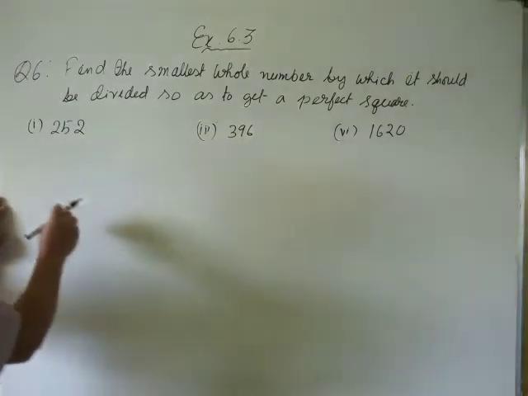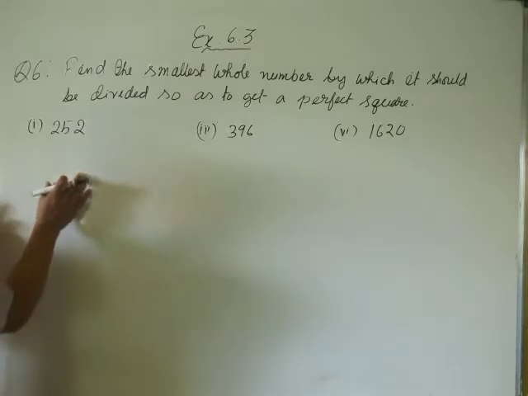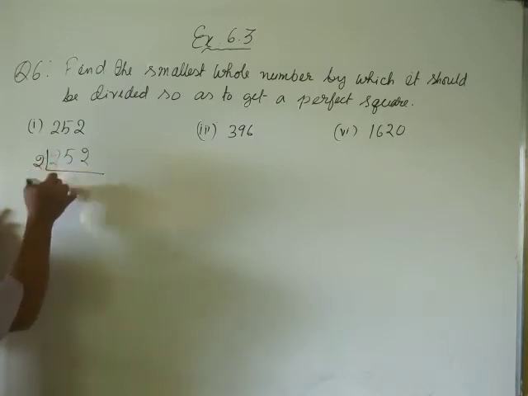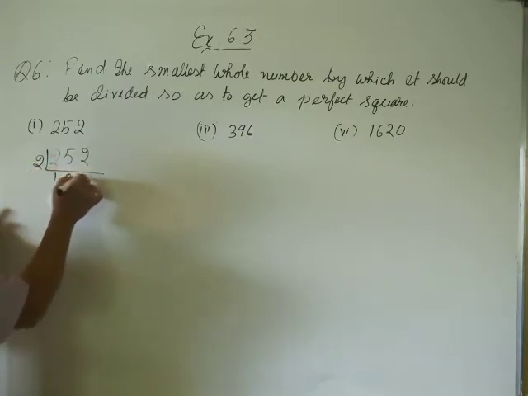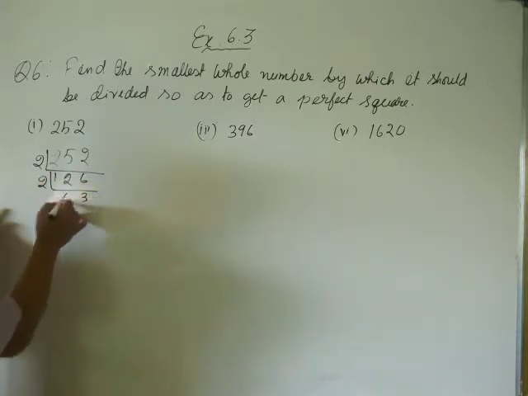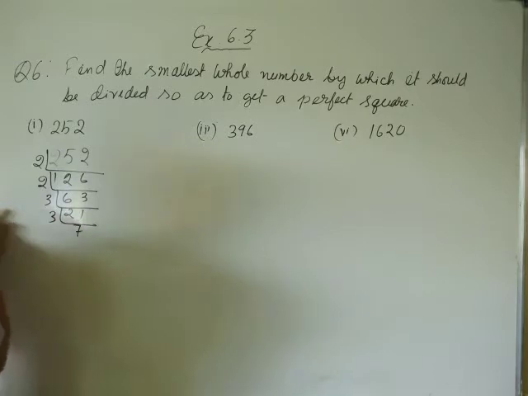So let us take the prime factorization of this number here. 252 we are factorizing. 2 into 126, then 2 into 63, then 3 into 21, and 3 into 7.